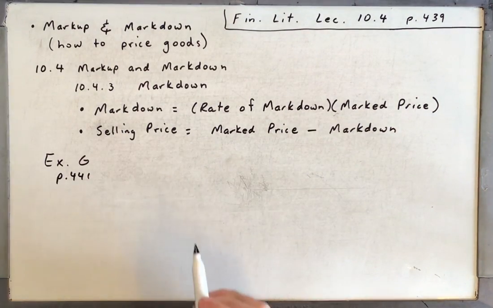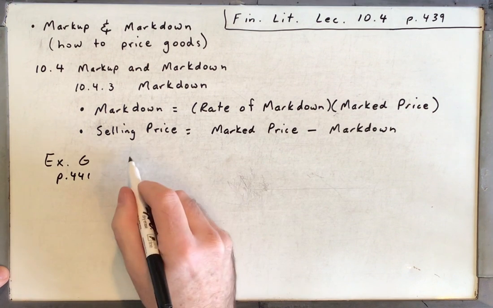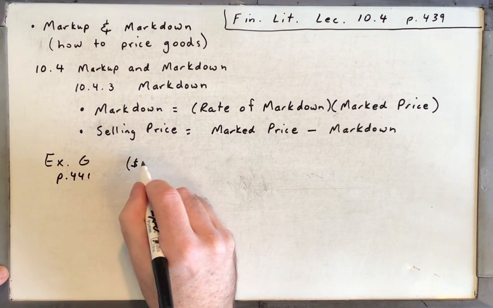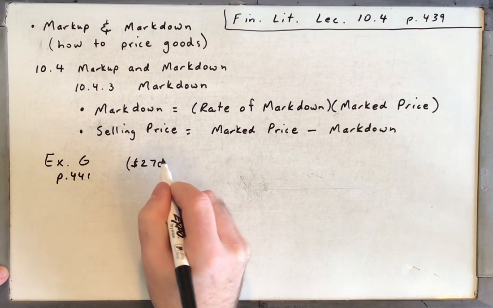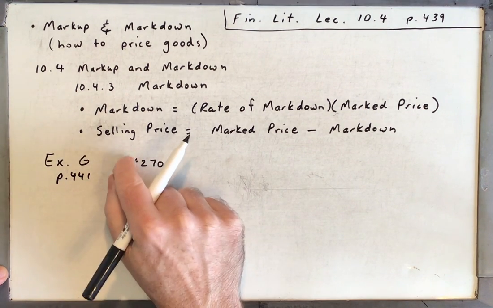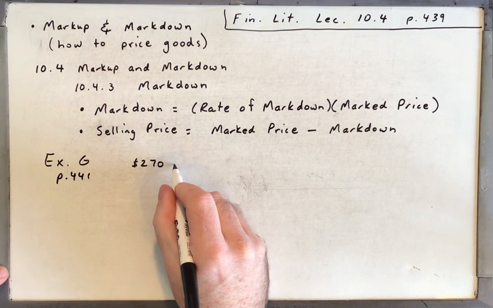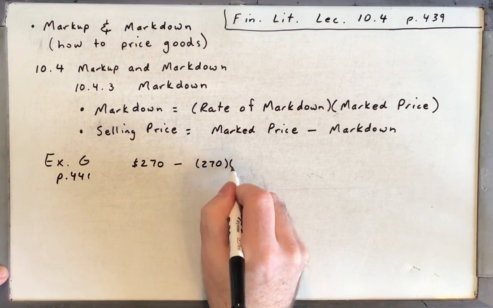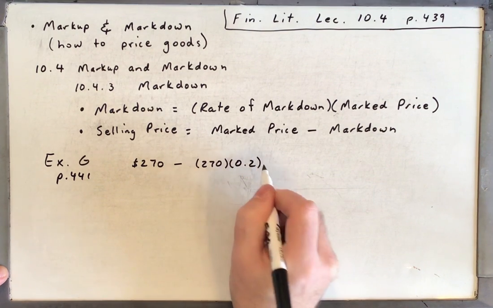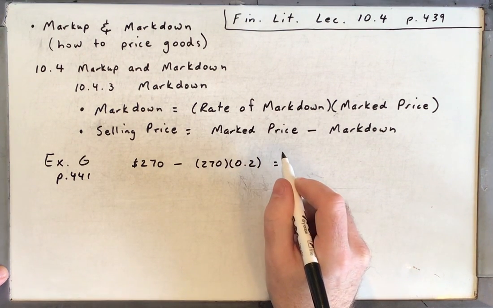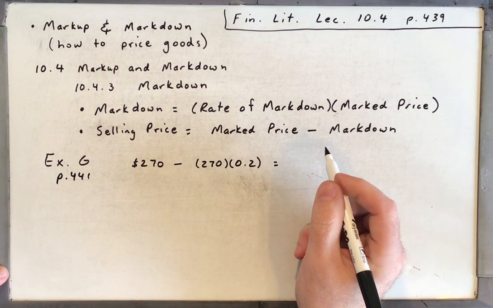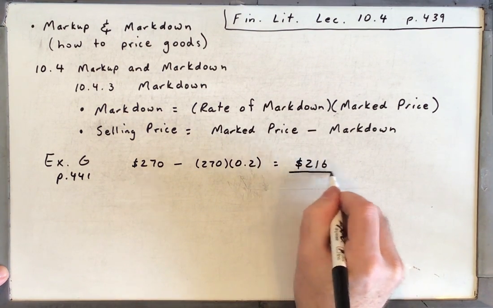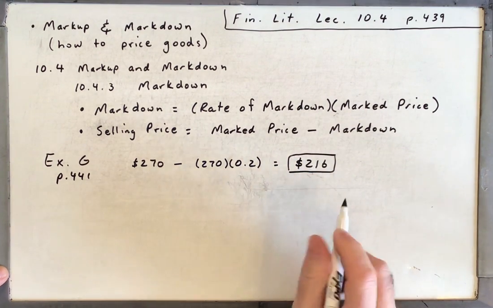Well, a 20% discount, you're going to take the original price of $270, minus the markdown. So 270 times 0.2, which is 20%. Right, and that is $216. So that's your 20% sale.